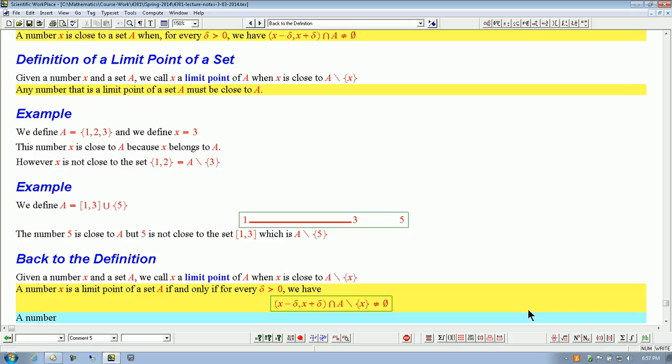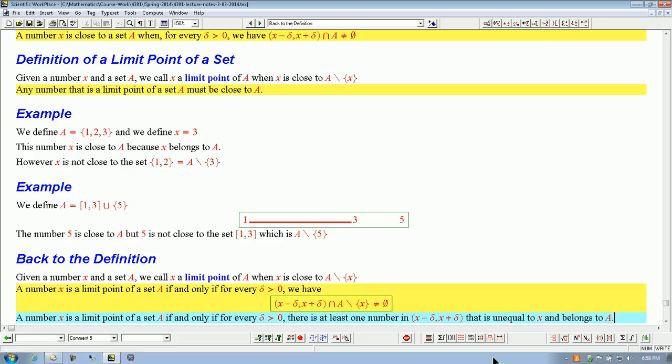A number x is a limit point of a set A if and only if for every delta greater than 0 there is at least one number in this stick that is unequal to x and belongs to A. I'm stating it in this language.